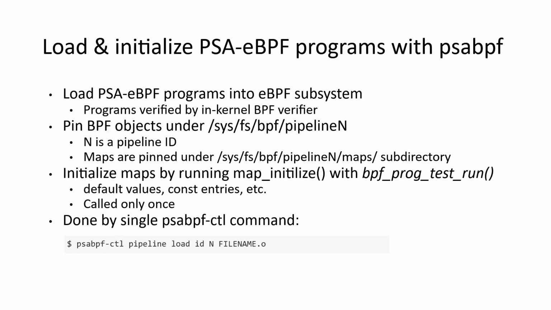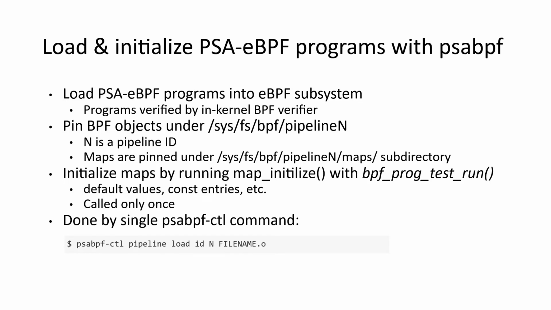In this slide, I will explain details of how to load and initialize PSA eBPF programs. First of all, compiled programs must be loaded into the kernel and pass verification by the in-kernel verifier. It may occur that some programs fail this step due to, for example, too many instructions in the program.